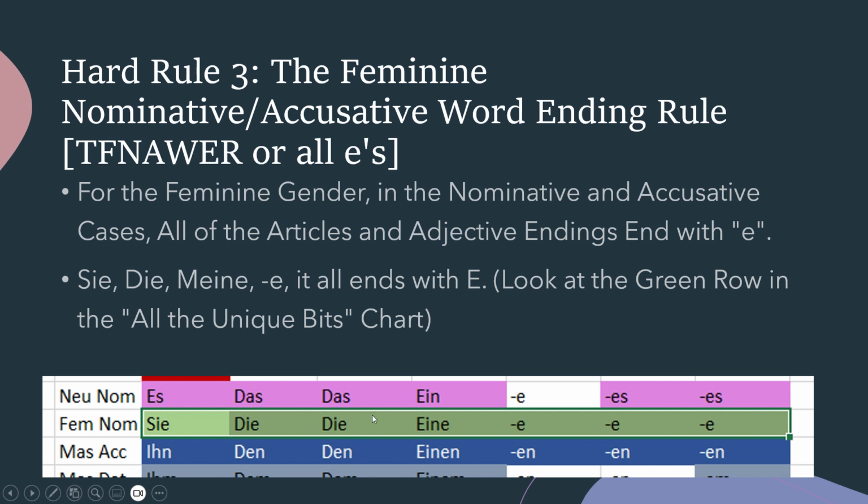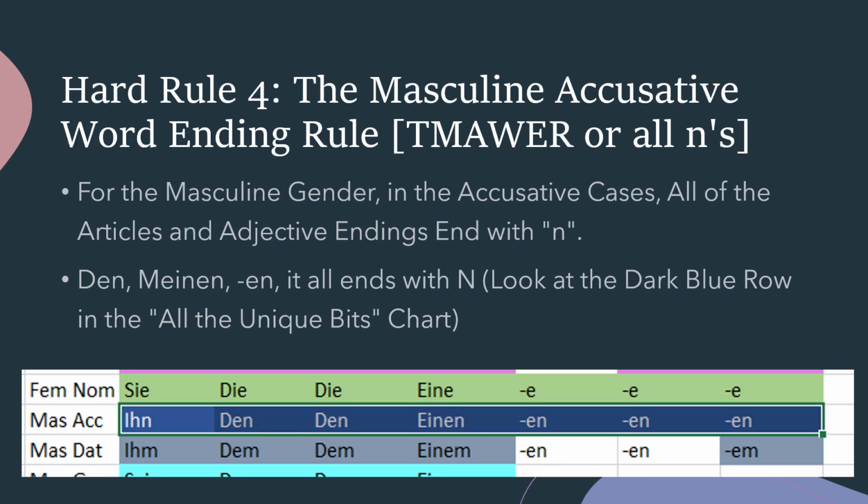Now, I would say that it's more of them all being the same ending as each other rather than saying that they all end with E. They do all end with E, but when we get into the tests later, then they might not be E. But they are all the same though.